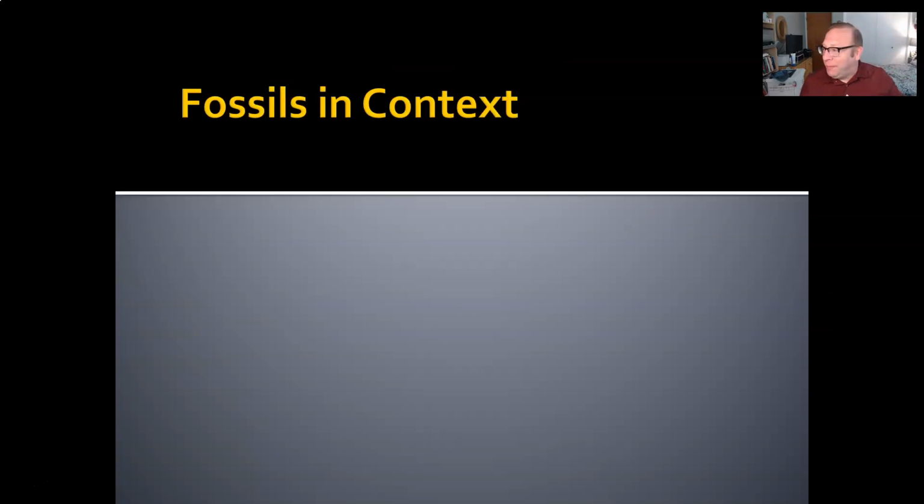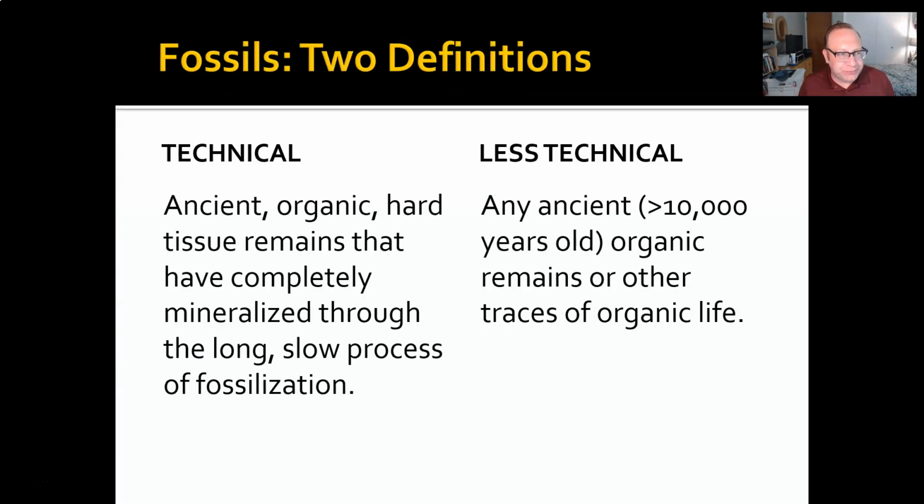So how do we know about the past? Our chief information about the past comes from fossils. But what is a fossil exactly? The technical definition is very straightforward. It is ancient, organic hard tissue remains that have completely mineralized through the process of fossilization.